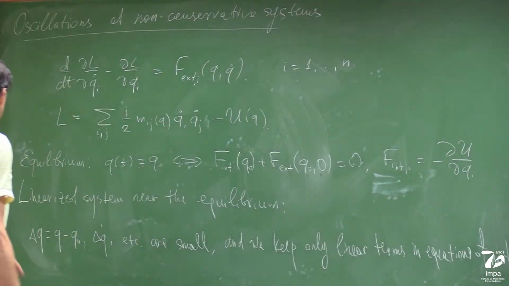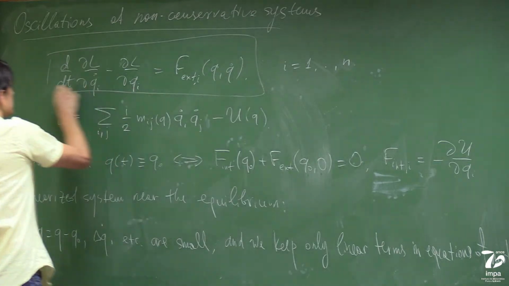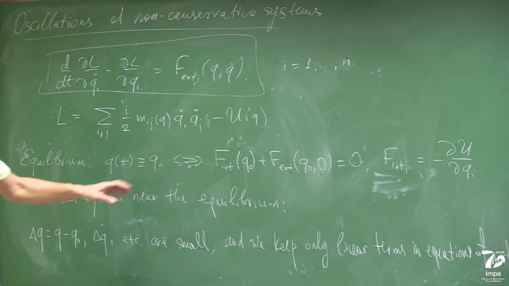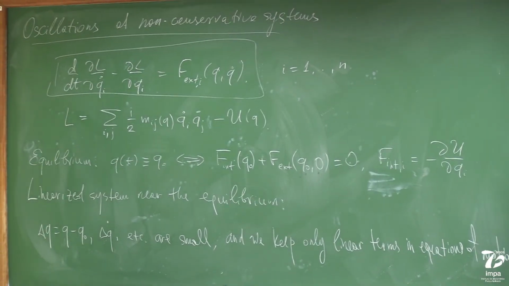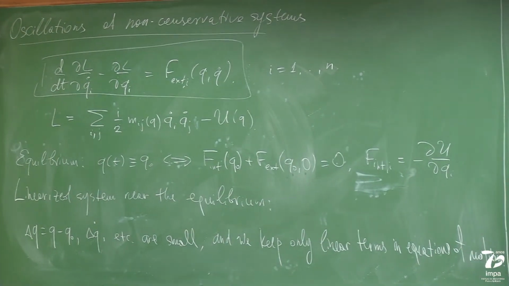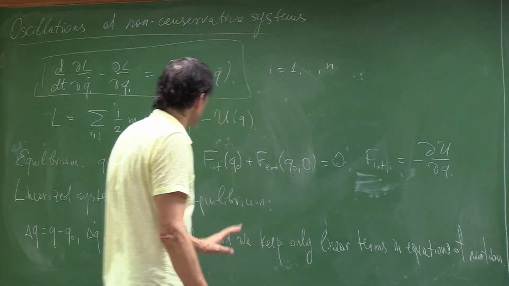So we take this equation of motion. We know that it's satisfied at the equilibrium, so the zero order terms cancel each other. Then the next order terms are linear terms. So we keep these linear terms, and the quadratic, cubic, and higher order terms we all neglect.